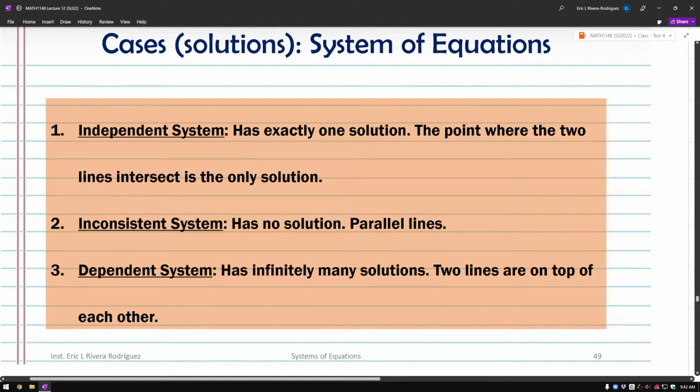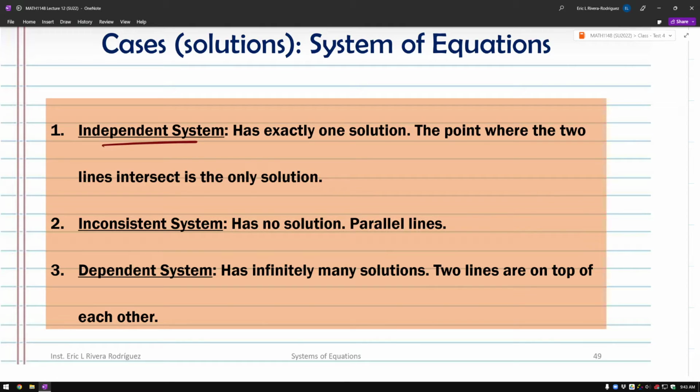We could have three types of solutions. We could have an independent system. The ones that we have been working with are independent systems, where we have exactly one solution, and that is where the two lines intersect.